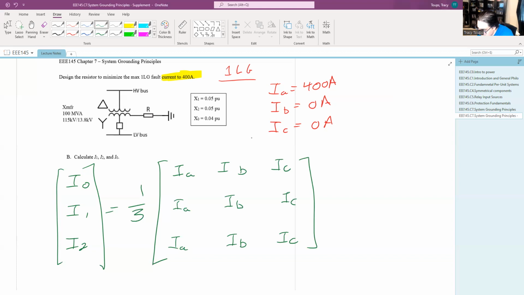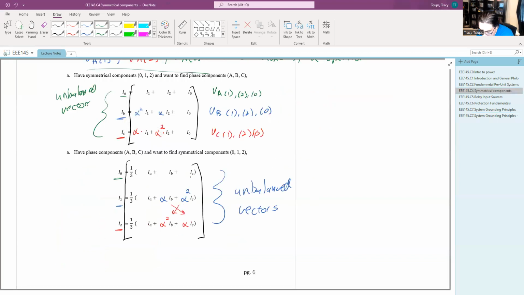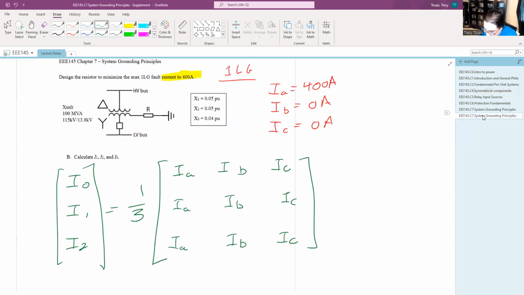So the easiest thing to do is go back to symmetrical components. I'm going to go back to my symmetrical components chapter right here, and look, I have it right here: I0, I1, I2, everything divided by 3, with IA, IB, and IC, and alpha and alpha squared, and then this reversed right there.